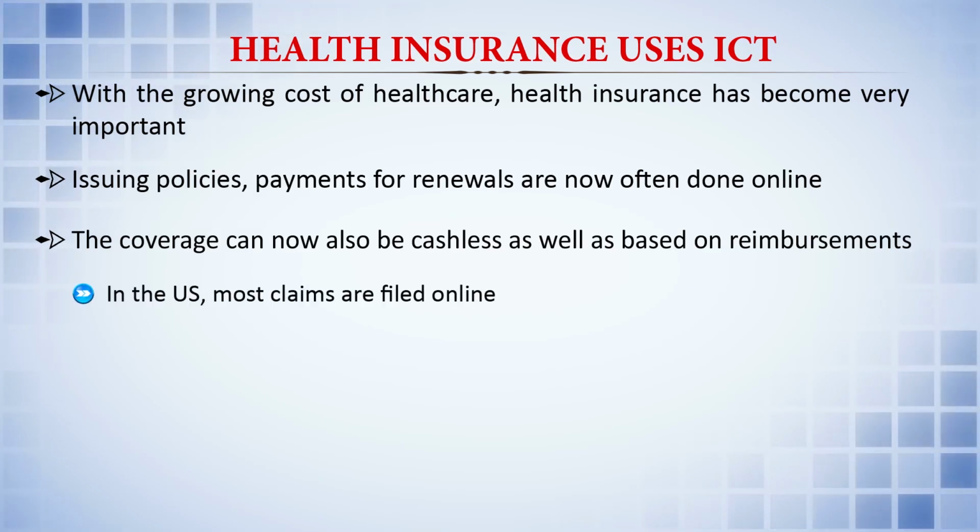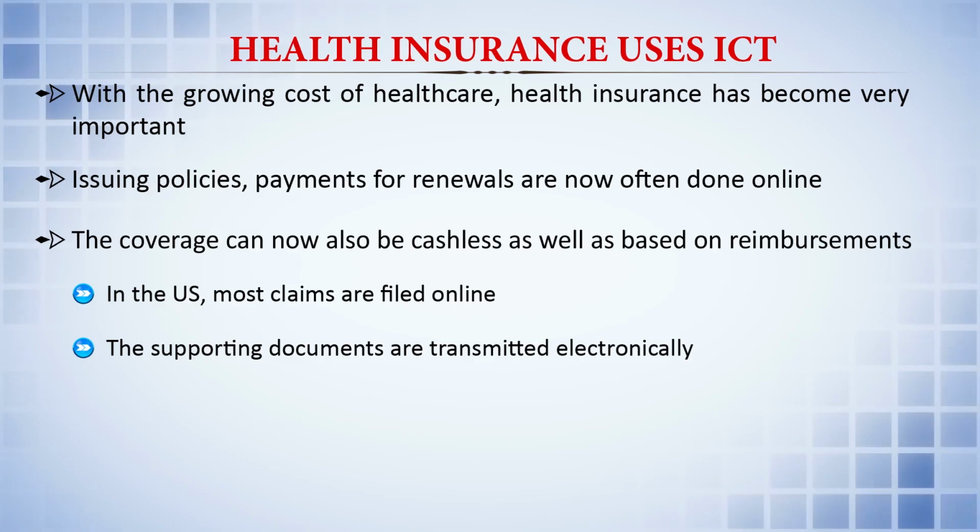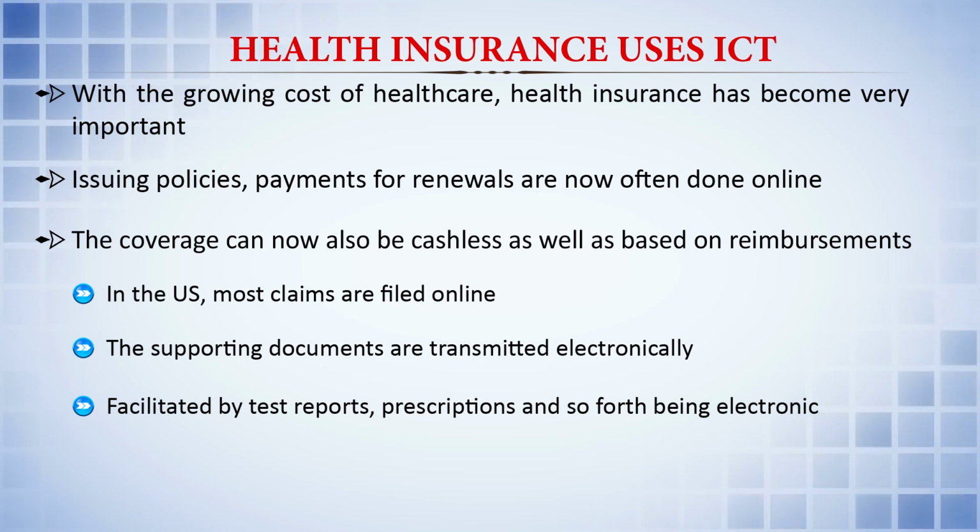So for example, in the US these days, many claims are filed online and settled online. Supporting documents, instead of giving paper copies of each of them, can be transmitted electronically to the insurance company, and supporting documents such as test reports, prescriptions and so on can be electronically delivered.